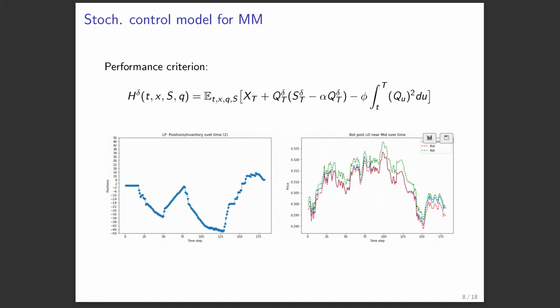So typically, in these things, the market maker is penalized for holding the inventory of what they consider a risky asset, which is this Q. So there is a penalty for that. It leads to relatively nice control problems because they're sort of linear quadratic type, so they typically have relatively closed form solutions.